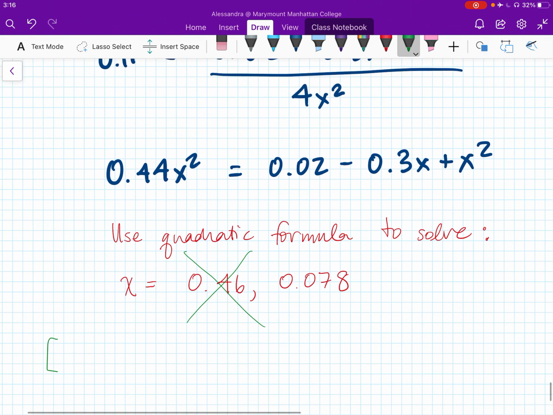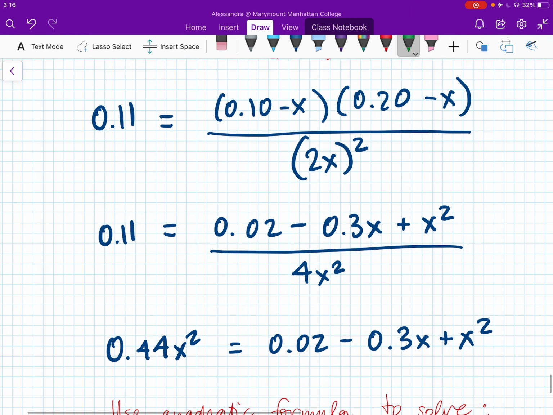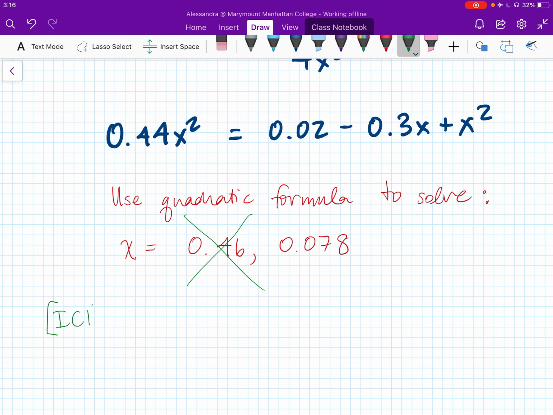So taking that last row from the ICE table, I can see that the iodine monochloride concentration at equilibrium is 2x. So ICl is going to be equal to 2x. And that means that it's going to be 2 times 0.078 or 0.156 molar.